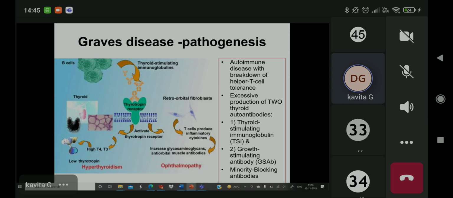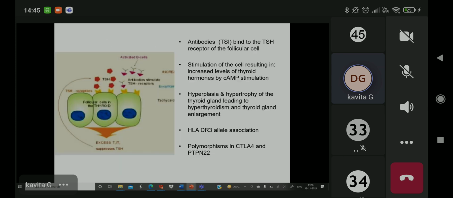They are going to bind to the thyrotropin receptor, activate it, and cause increased production of your T3 as well as T4. Now, behind the eye, that is retro-orbital, you have a lot of inflammation which is going to release cytokines, which is going to cause your ophthalmopathy.